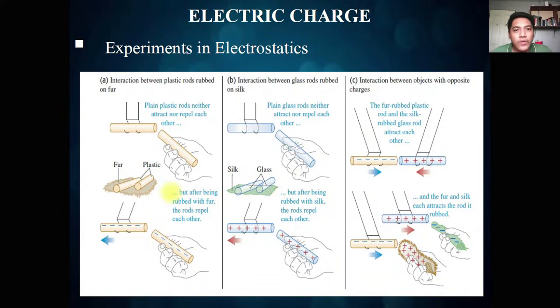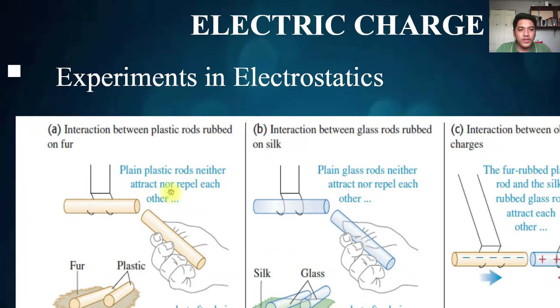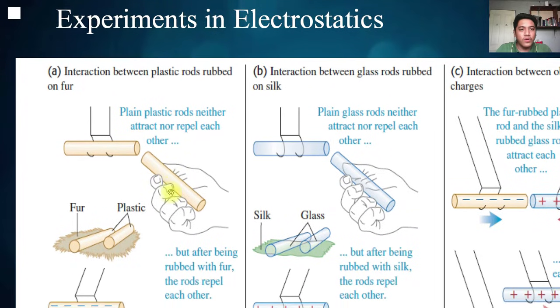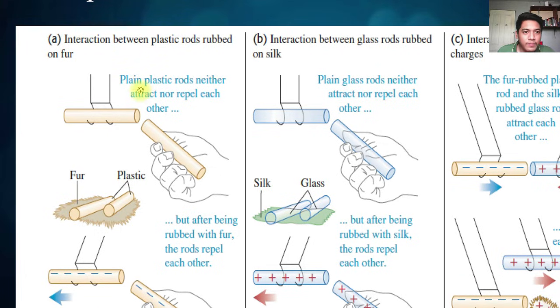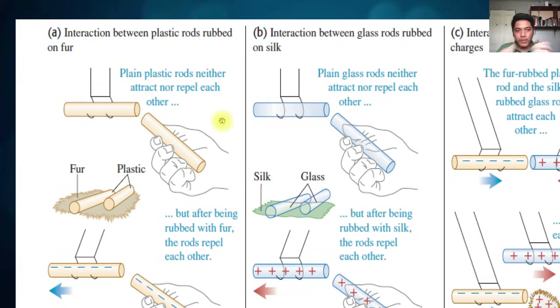So here are some experiments in electrostatics. I'm just going to zoom it in. For letter A, if you have two plain plastic rods, plain meaning two neutral plastic rods, and we bring them close to each other, they neither attract nor repel each other.